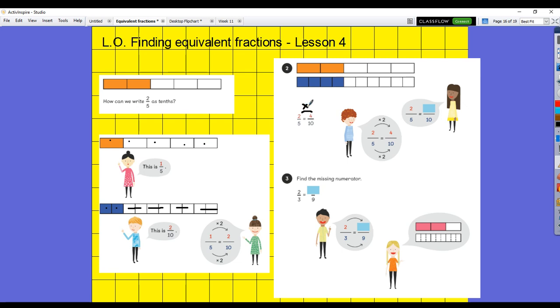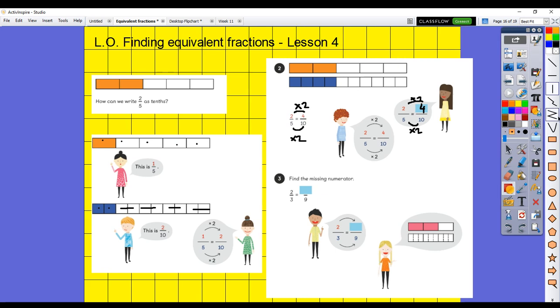We know 2 times 2 is 4, and 5 times 2 is 10. So we've multiplied that by 2. Whatever you do to the numerator, you have to do to the denominator. So 2 times 2 is 4, so it's going to be 4/10. And it's right because we've got our bar model here to prove it. Our fraction rule, our bar model to prove we are correct.